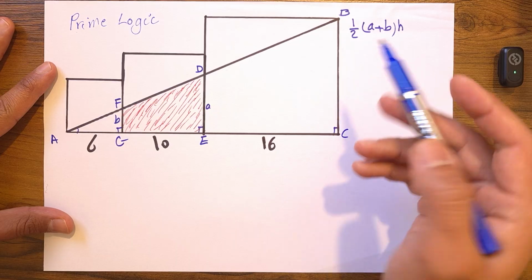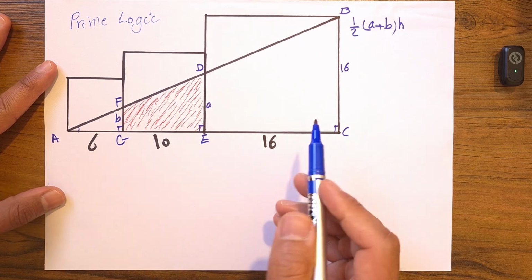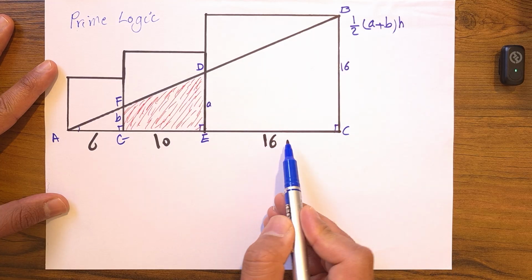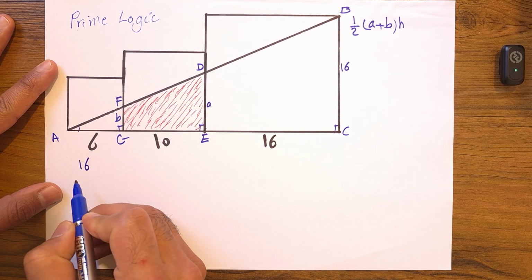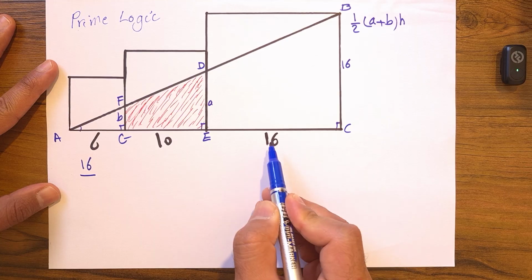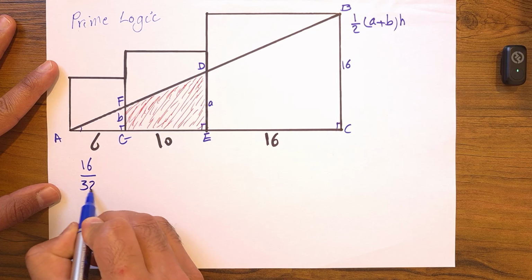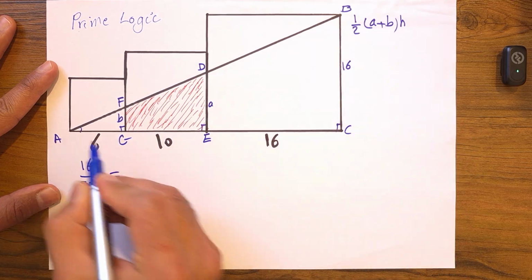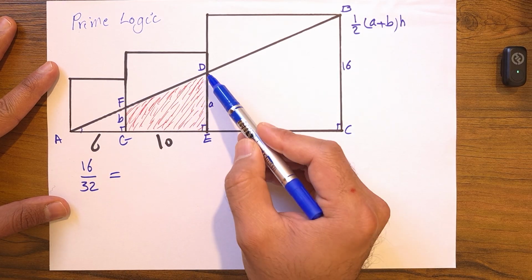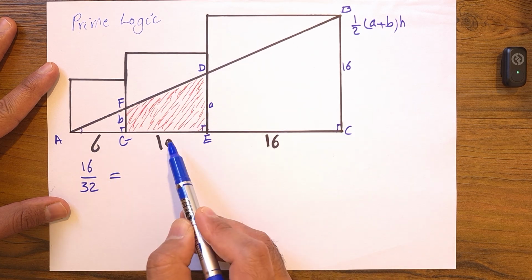Okay, so let's write down here. This side is 16. This side is also 16, that's the big square. Let's compare, for example, BC to CA. So 16 to this long side, 16 plus 10 is 26, plus 6 is 32. So 16 over 32 equals the corresponding side in the smaller triangle, A over 10 plus 6.